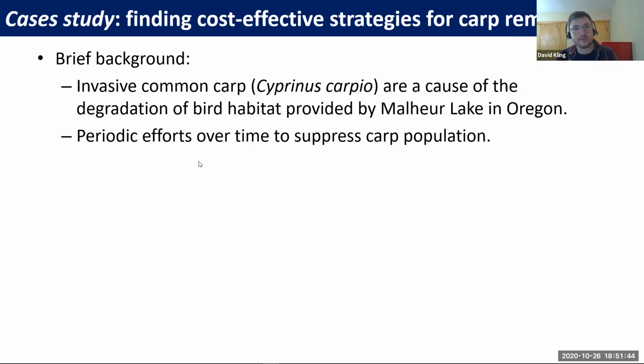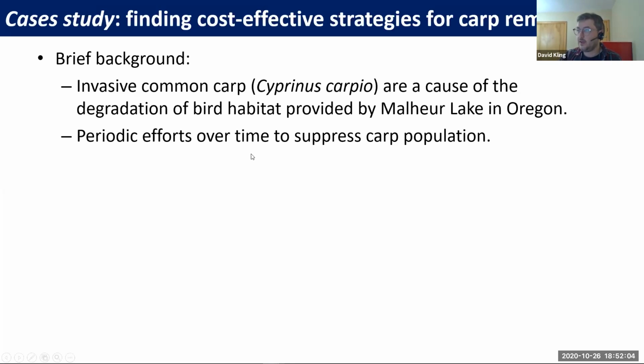And there's been periodic efforts over time to get rid of the carp. I know that carp are also a problem in Australia. It's a very difficult and challenging invasive species when it is an invasive species.